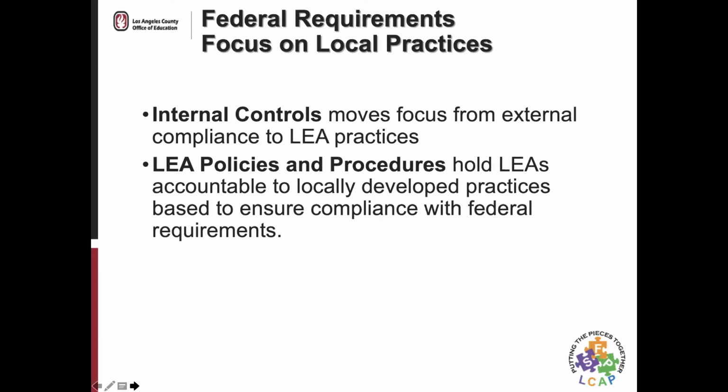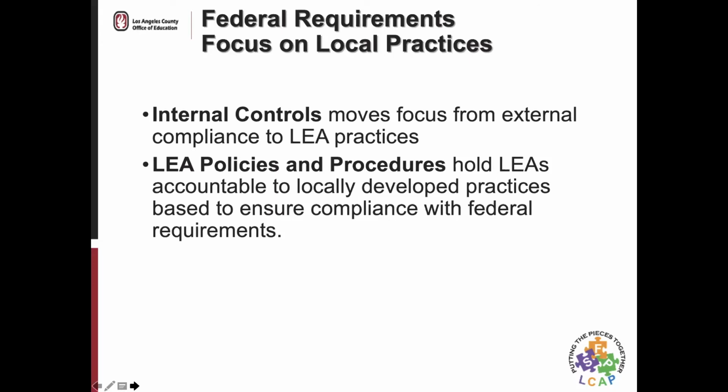Internal controls moves the focus from external compliance, at least at the federal level, to your district practices or your LEA practices. And how that plays out is through your policies and procedures. They hold LEAs accountable. Under the Uniform Grants Guidance, you have to have certain policies and procedures in place to meet federal compliance requirements.